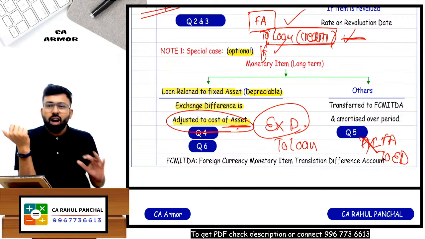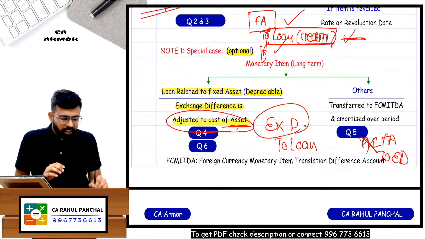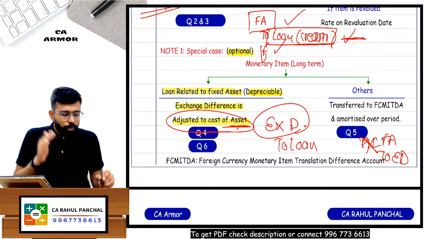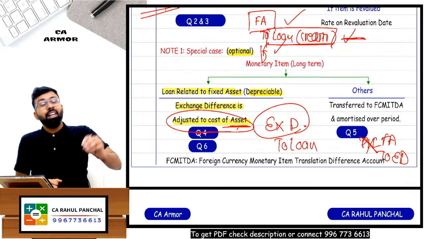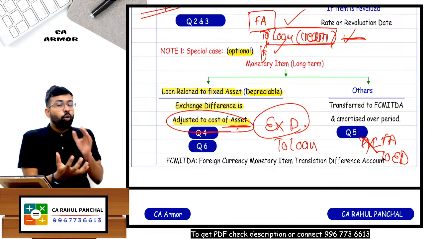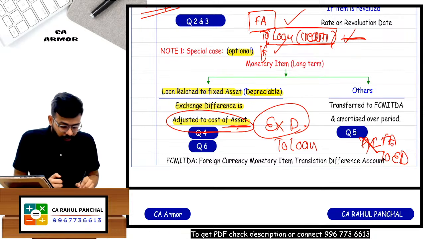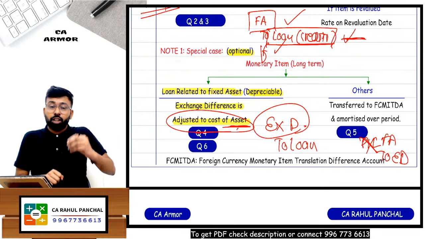Sir, why? It is logical. Why, you should understand. Look, the asset which I have purchased is going to be used for the next 5 years. So I will get the benefit of this asset for the next 5 years. Understandable. Now, whatever the exchange loss is, if you transfer it today, that is also okay. You have the option. You can transfer the loss today itself.